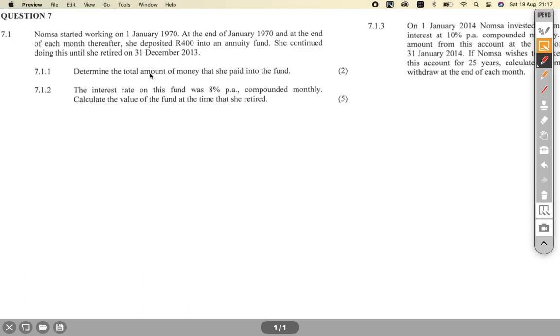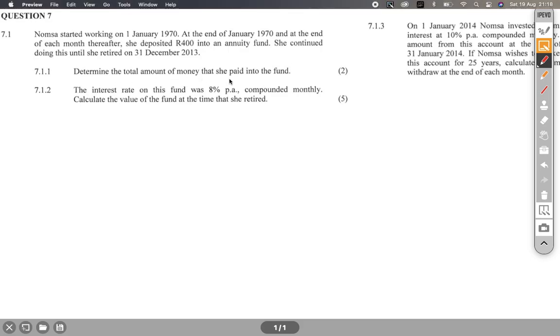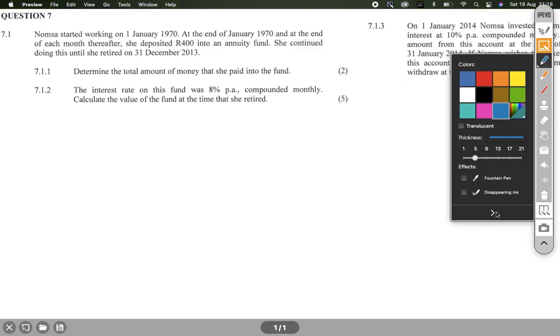So now we have to determine the total amount of money that she paid into the fund, not how much the fund gained or how much the final money was in the fund, just how much she has paid into the fund.